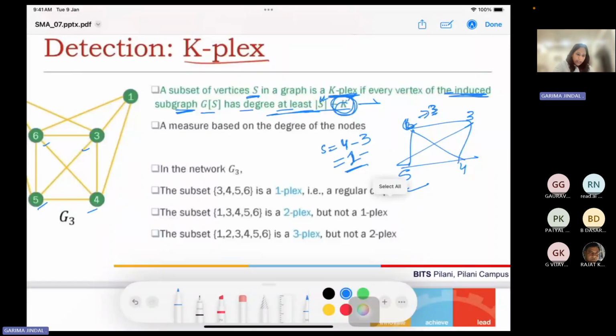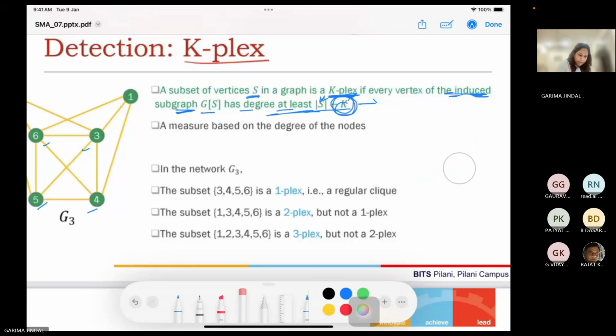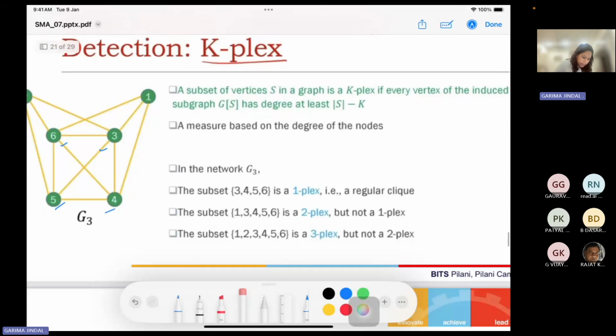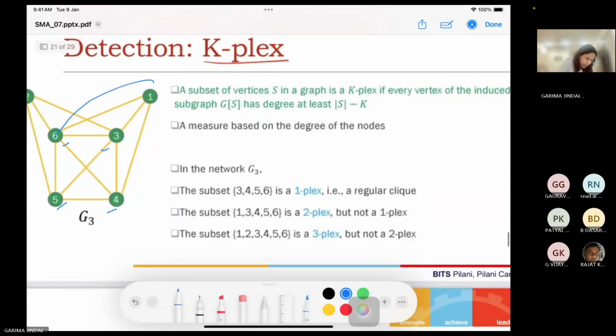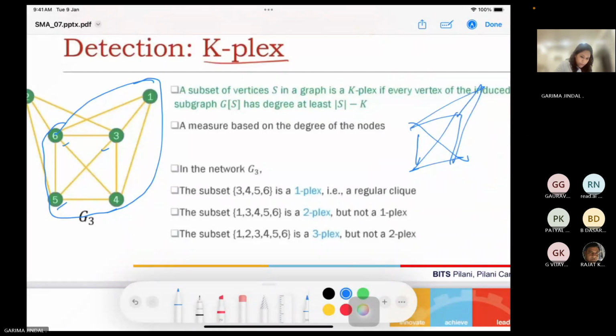Now let us take another example. Suppose I am taking this subgraph. In this subgraph, what will be the k value in k-plex?